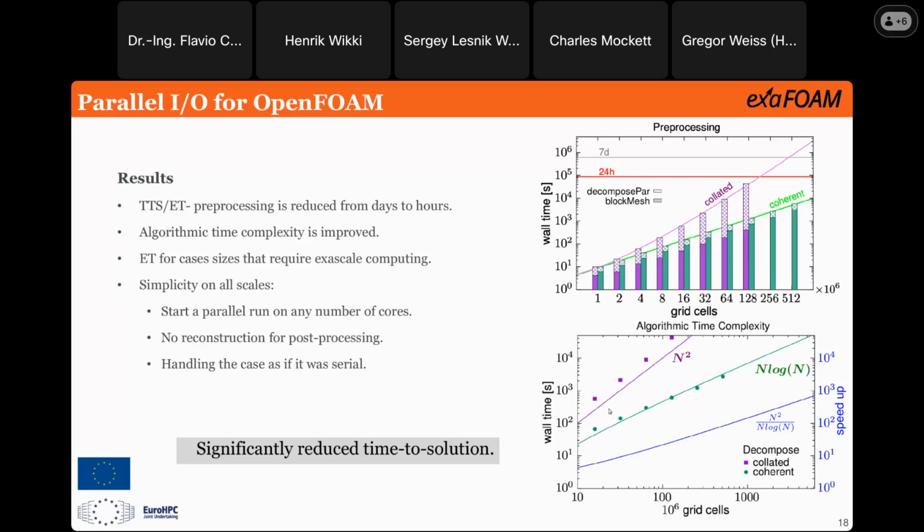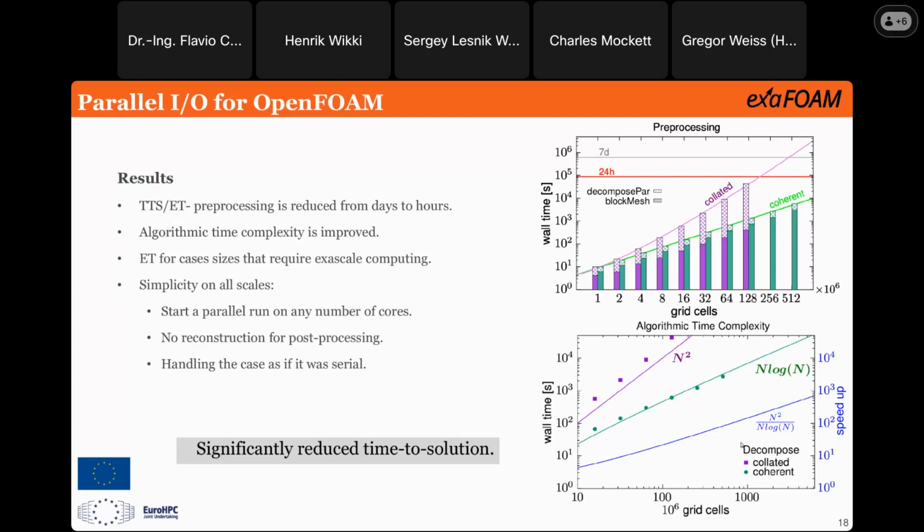If I compare this by dividing n squared by n log n, then I see that with 100 million grid cells, I hit this barrier where I would achieve something like an order of magnitude.